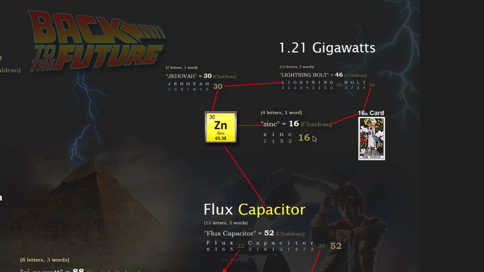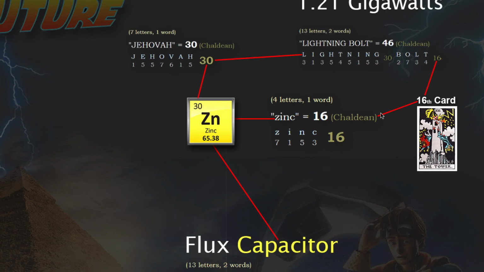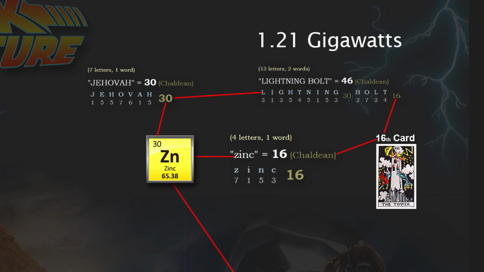Going back up to the lightning bolt. Let's zoom in here. A bolt of lightning, as Doc Brown said, 1.21 gigawatts. Look at what the word lightning bolt breaks down to. Lightning is a 30, just like Jehovah. And then bolt equals 16.